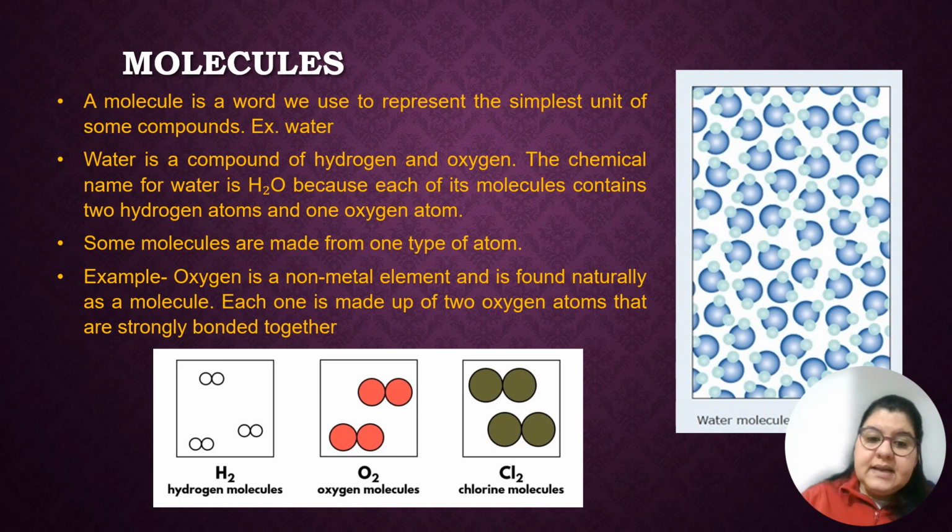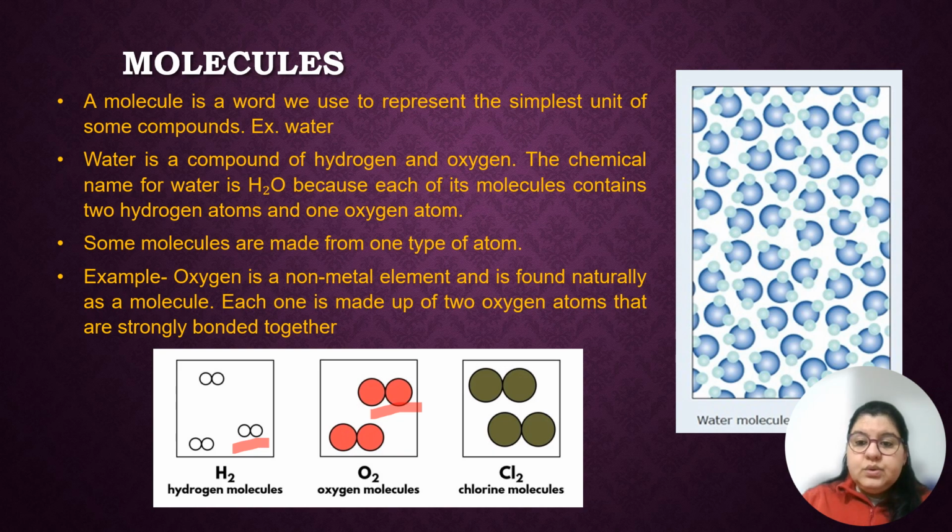Okay, now there is a slightly different case. Sometimes molecules are made up of the same type of atoms. For example, please have a look at this image. Here, there are two hydrogen atoms bonded together to form an H2 molecule. In the second image, there are two oxygen atoms bonded together to form oxygen molecules.